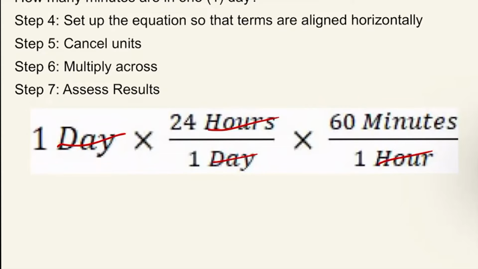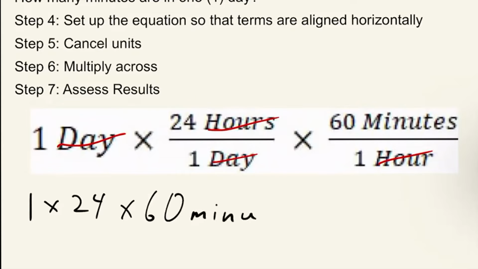So after we cancel our units, we can go ahead and multiply across. We have 1 day times 24 hours times 60 minutes. And we canceled all the other units already. So the only thing left is minutes.